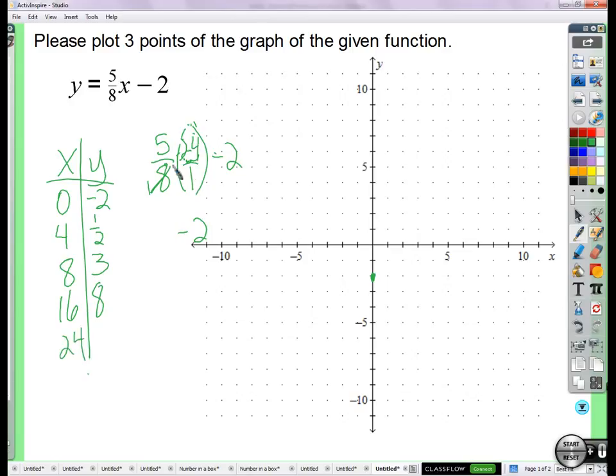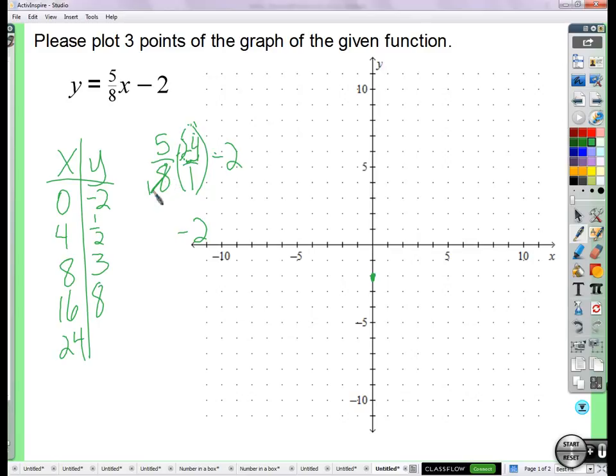Do 24 and 8 have a common factor? What's their common factor? I'm asking what their common factor between 24 and 8 is. 8? Can't get any bigger than that. That's 8. That's everything 8 has to offer.